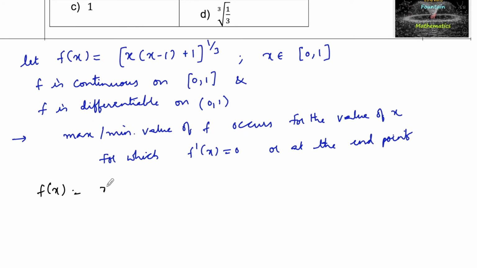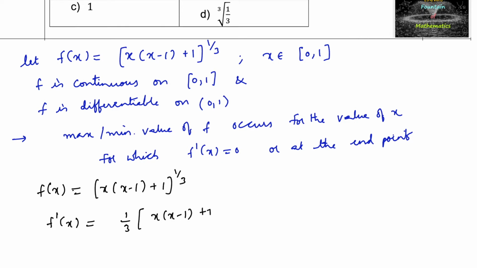F of x is equal to x of x minus 1 plus 1 whole to the power of 1 by 3. So differentiating, f dash of x is equal to 1 upon 3 times x of x minus 1 plus 1. Let us simplify and do it. We can write this as x square minus x plus 1 whole to the power of 1 by 3, so the differentiation will become simple.